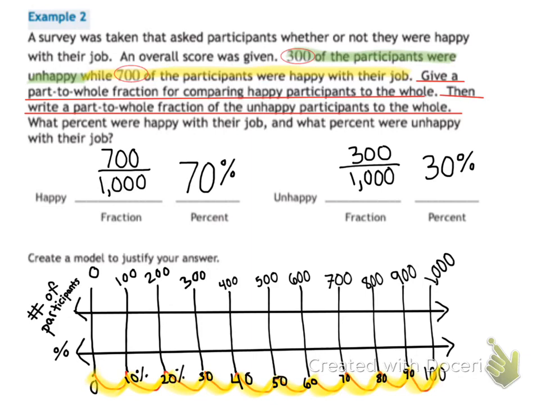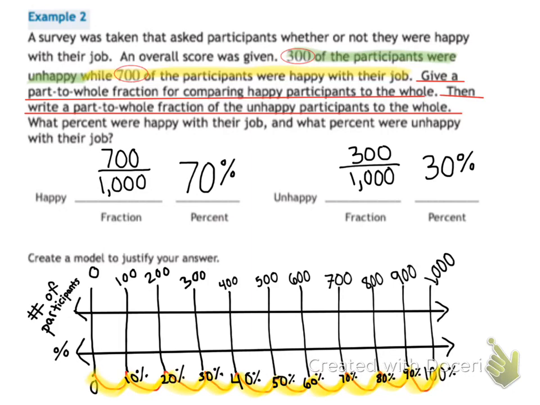So it went up by percent. And now I have enough information to prove that the percents are correct. So I forgot to label that percent, and that's very important to distinguish.